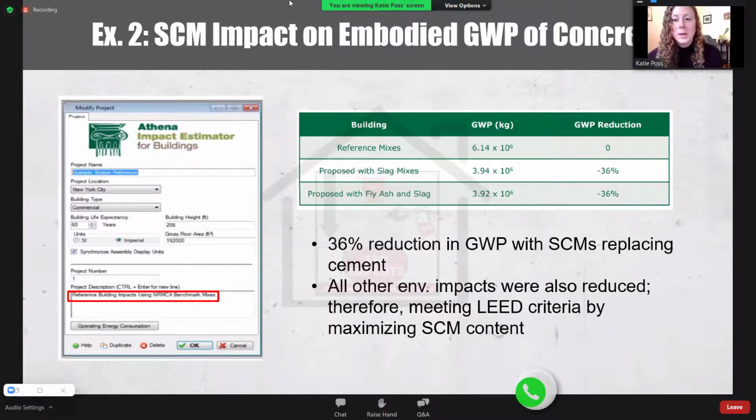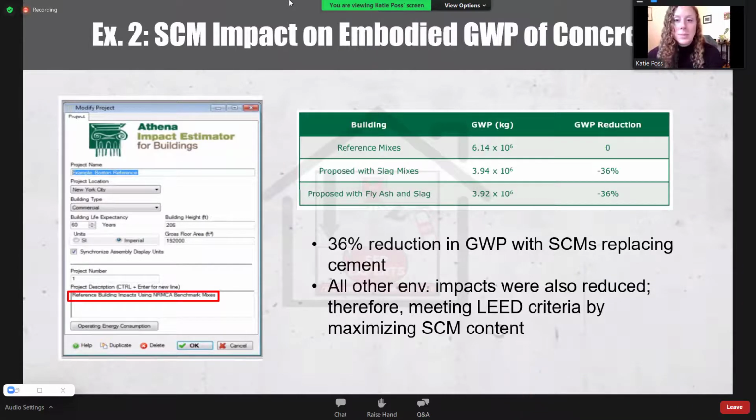So once all the concrete information is defined for each project, the user can then run a report that will provide the estimated GWP along with the other environmental impact categories for each building. The reference building will represent the larger impacts because we used smaller amounts of SEMs, and the proposed building resulted in lower impacts.